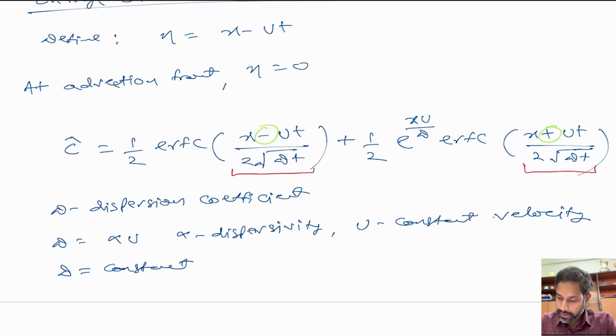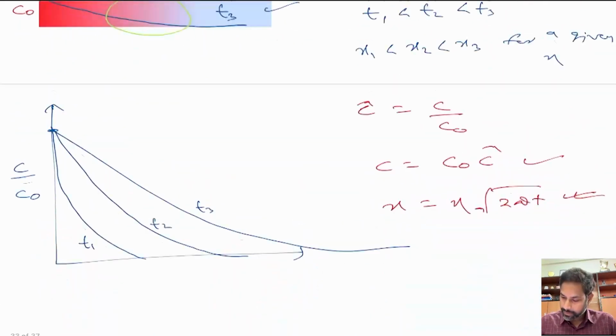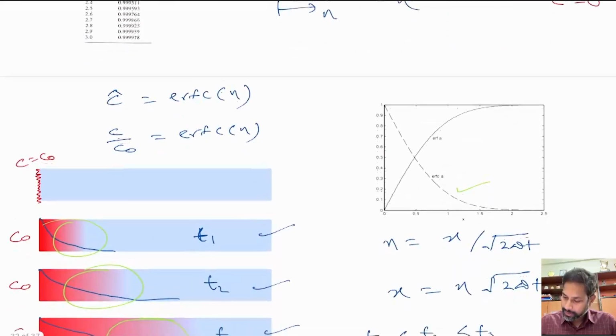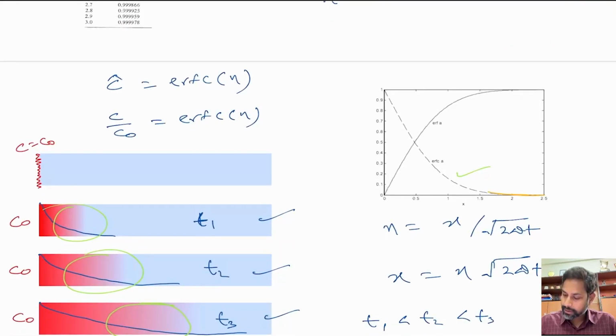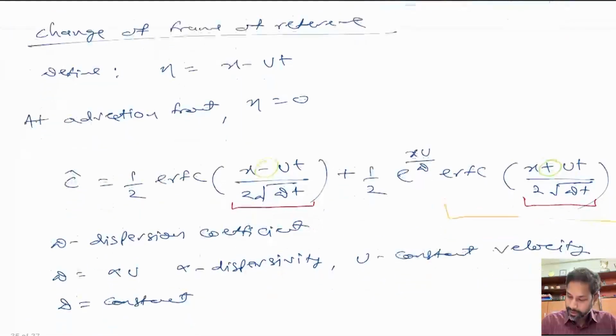And that is why at much larger time this particular term becomes much smaller, right? As you can see, when that value increases, this ERFC becomes very small for very large value within the bracket.